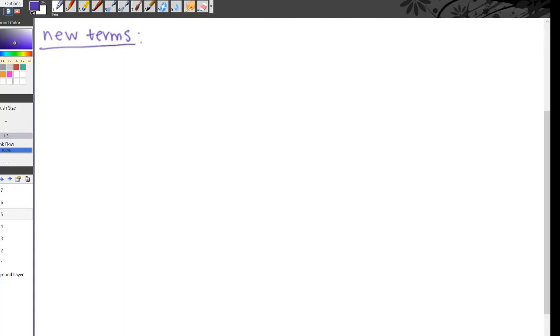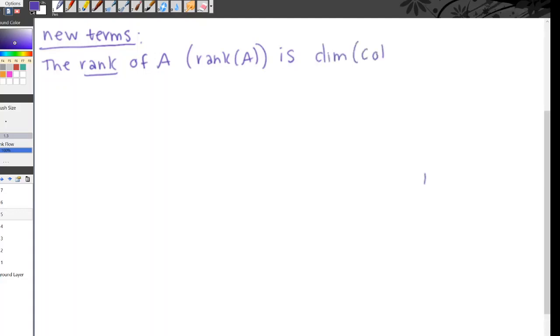So the first one is the word rank. The rank of a matrix A, which can be written as rank A, is the dimension of the column space of A. I'm going to write that in our abbreviated way, but it's just the dimension of the column space of A. It's an important enough concept that rather than have to write dimension of the column space of A, we can say rank of A instead.